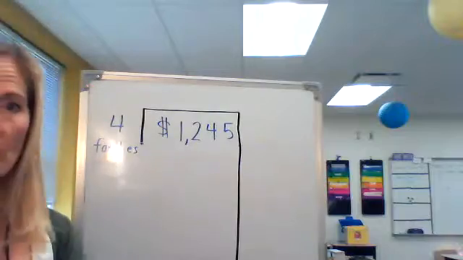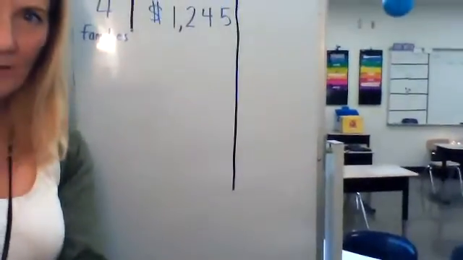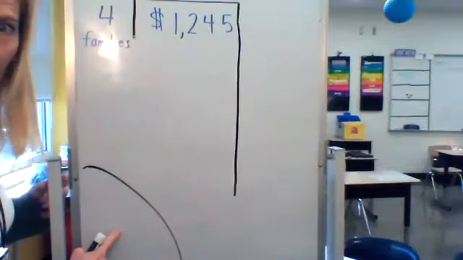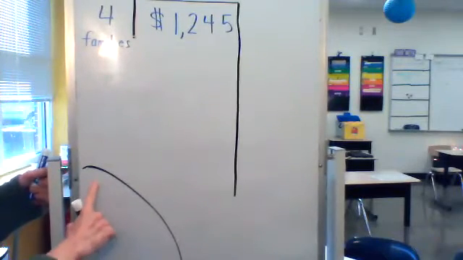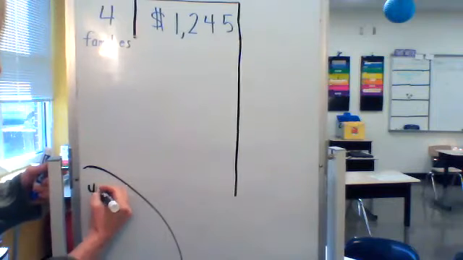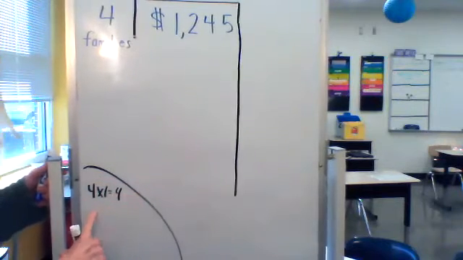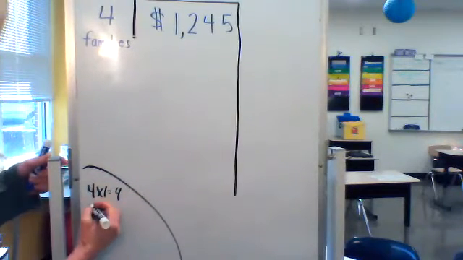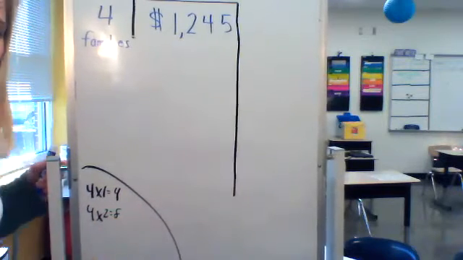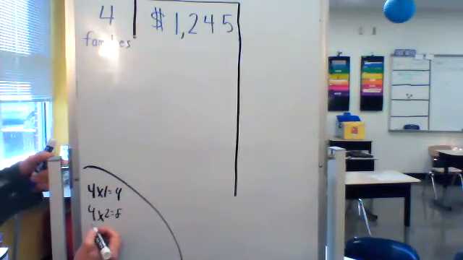I know that I'm going to be using multiples of my divisor. My divisor is 4. So I like to create a section on my paper where I'm working with multiples of my divisor. I know I can make more than one group of 4. That's just so small. 2 groups of 4 would be 8. I just like to play around with my multiples of 4 until I find something interesting.